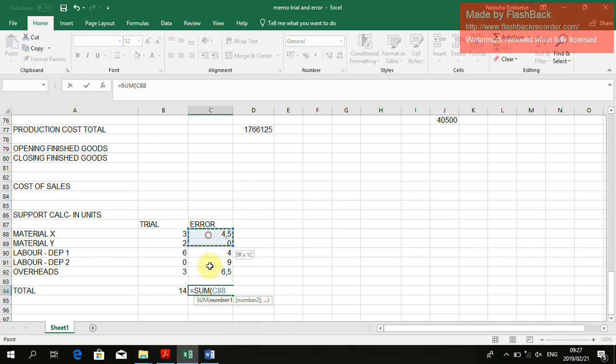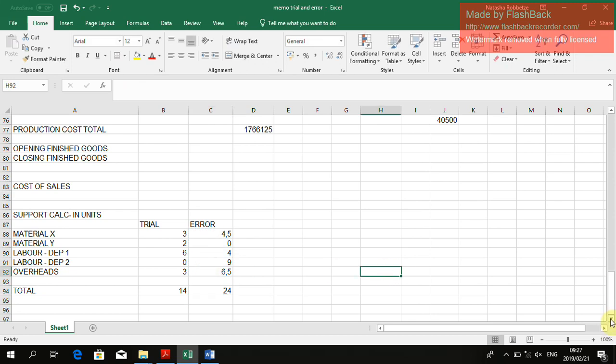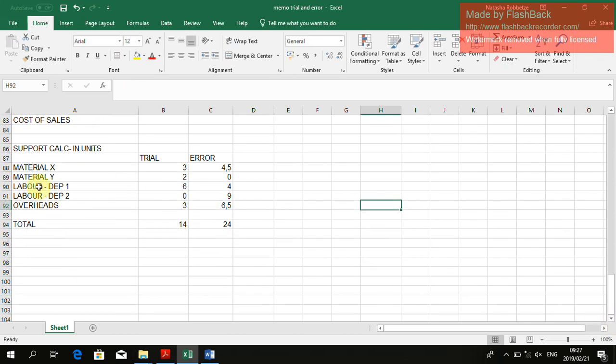Now, the only problem we face is the fact that by the end of the year, the price of raw material Y changes, right? So here we will now find that error does not use raw material Y. So it is just trial that will change by year end. So, or rather quarter end, I beg your pardon.